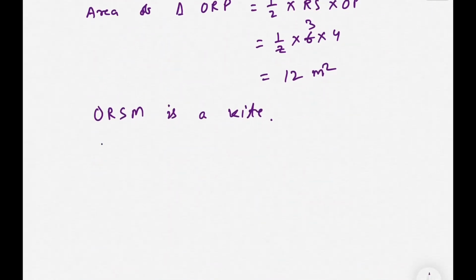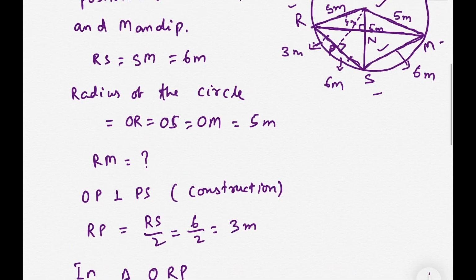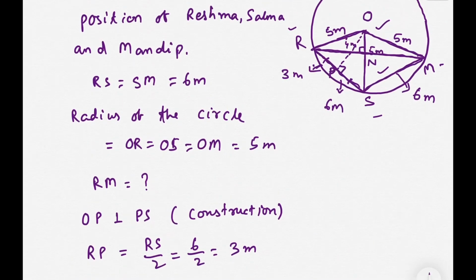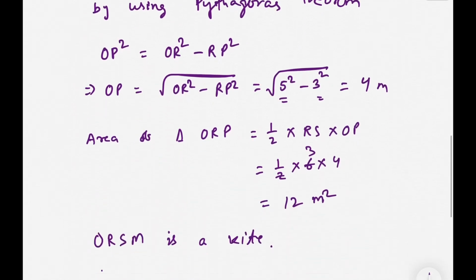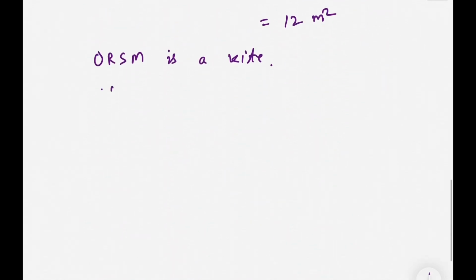So from this we can say that ON is perpendicular to RM, and also RN is equal to NM. So ON is perpendicular to RM and RN is equal to NM, right?